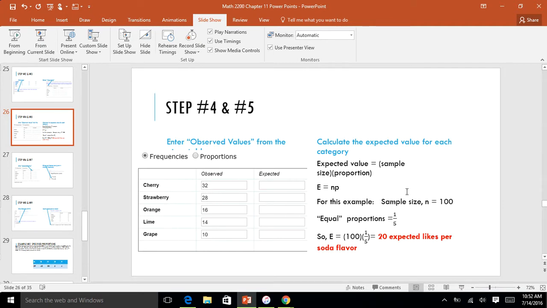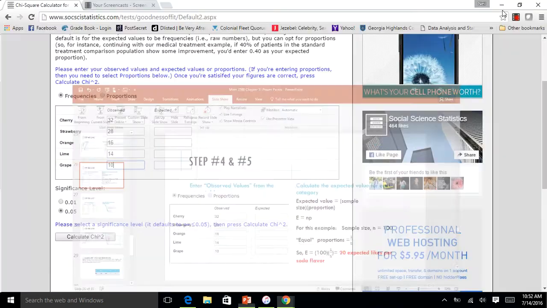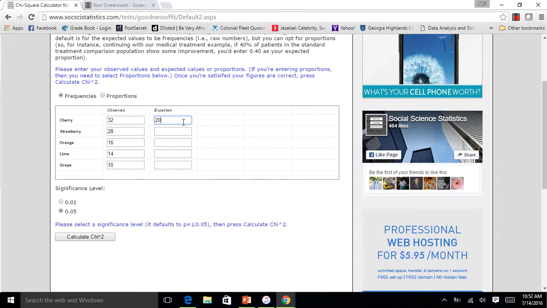And if you add all these up, you get 100. So 100 divided by 5, or 100 times 1 over 5 gives you 20. So my expected for each of these categories is 20. So all I do is I go back here and put 20, 20, 20, 20, and then 20. So as you see, that's all I did.